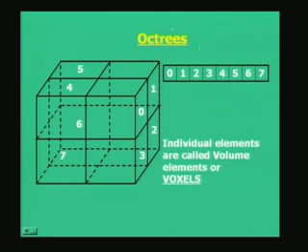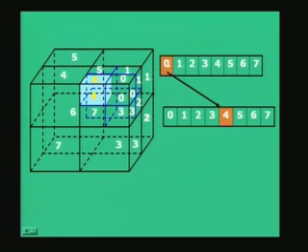But since a part of that 0th unit volume at the first level of decomposition is occupied only partly, I need to break it. So, I break it up into 8 equal parts and look at which of those 8 are again occupied. In this case, I have shown that a cube occupies the volume represented by the 4th node, and hence that is the one which is set to 1, all others are kept back.